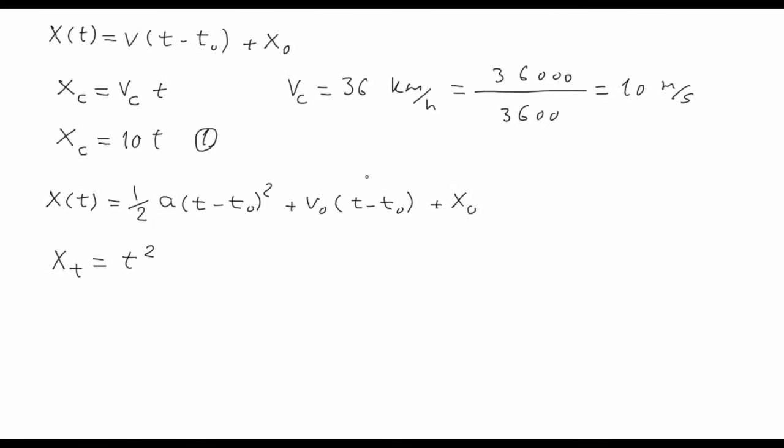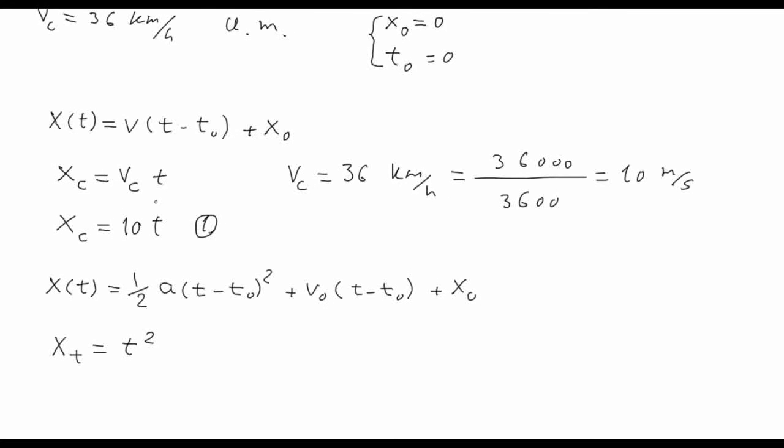And x_0 is also 0. So this is the second relation of this problem that gives us the position of the truck at any given time.